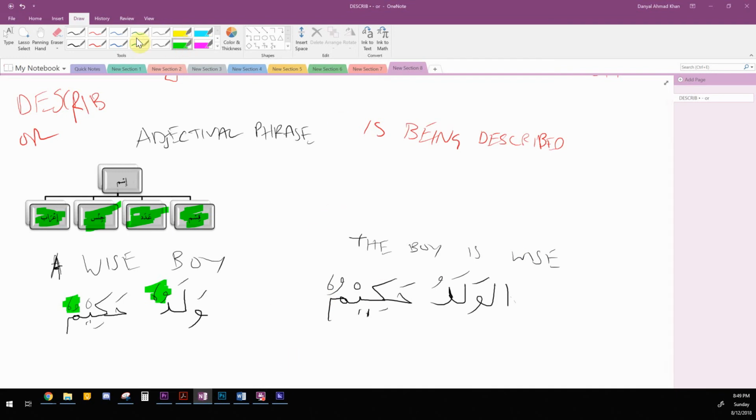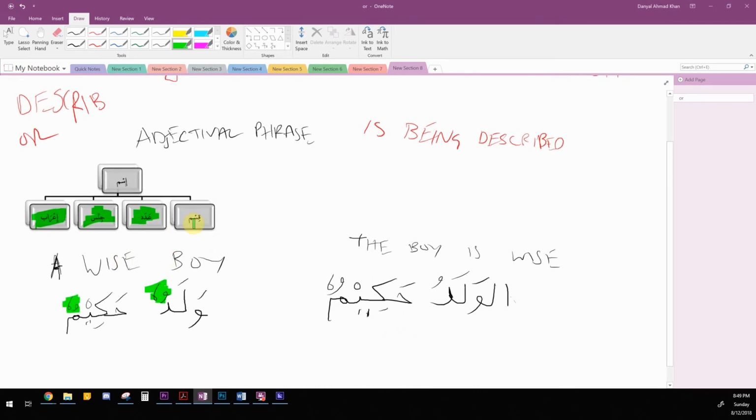However, are all the conditions here being met? Let's check it out. Okay, so for this sentence here, are the i'rab both marfu' state? Yes, that is fine. Are they both masculine nouns? Yes, it is. Are they both singular? Yes, it is.